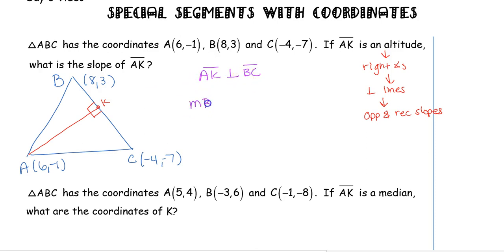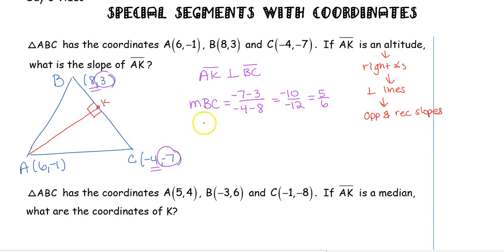So I start by finding the slope of BC, and we know that our slope formula, we subtract the y coordinates on top, the x coordinates on the bottom. So we've got -7 minus 3 on top. And then the x coordinates on the bottom, -4 minus 8, gives us -10 over -12. We always reduce down, which gives us 5/6. So the slope of BC is 5/6.